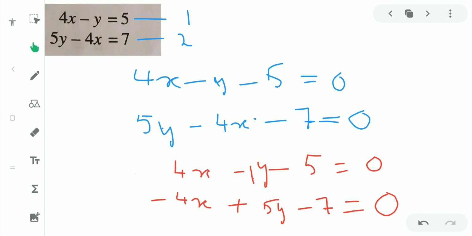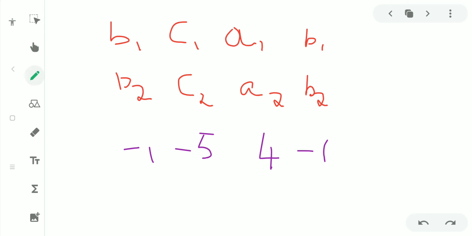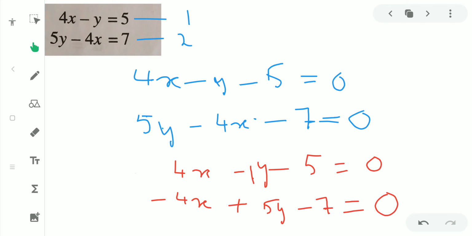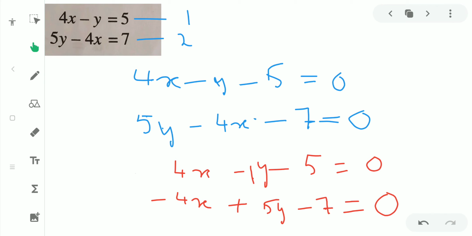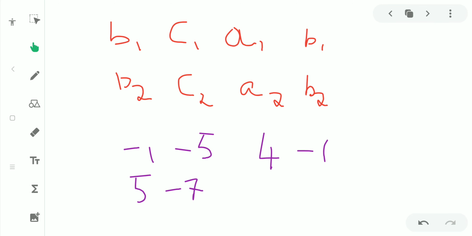So our B2 is plus 5, C2 is nothing but minus 7, and A2 is nothing but minus 4 and B2 is nothing but plus 5. So now we have done with this formula.